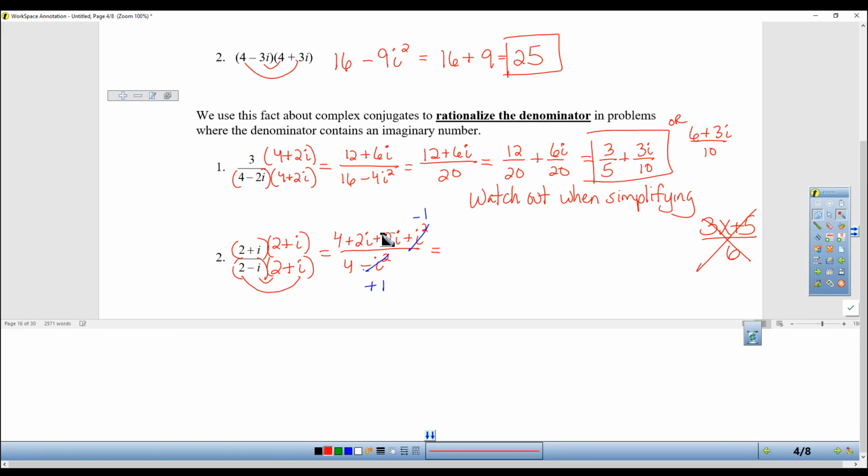So I get 4 minus 1 is 3 plus 4i over 5. Writing it as 3 over 5 plus 4i over 5 is not necessary, but not wrong. So you can choose. But I'm just going to box this one because I got to it first. Why do any extra work?